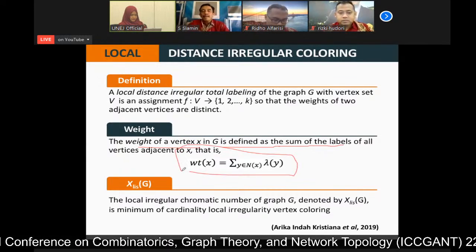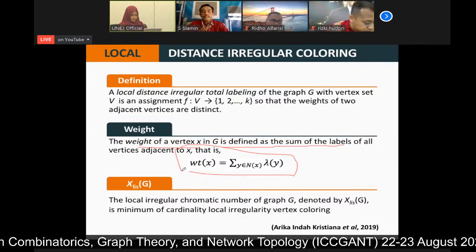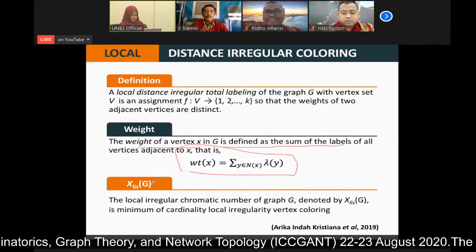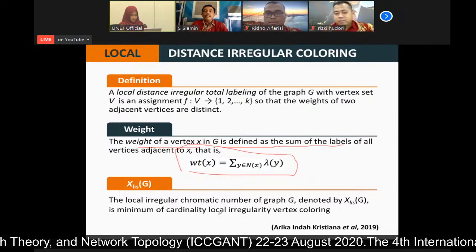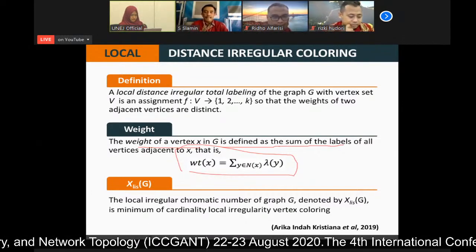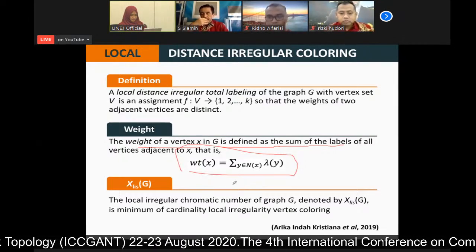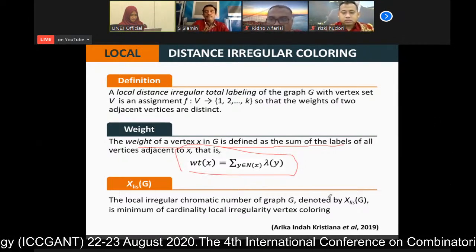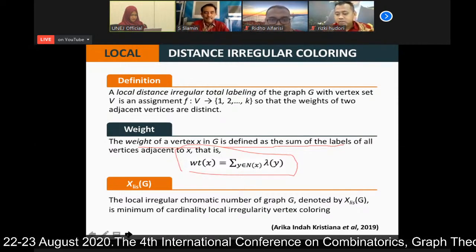And we have the local irregular chromatic number of G, which we call chi_lis of G, is the minimum cardinality of a local irregular vertex coloring. This definition was given by Bu Arika, also Jember Mafia, I think.